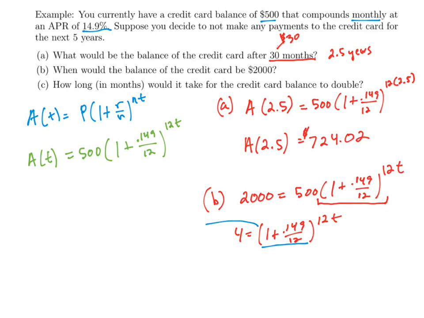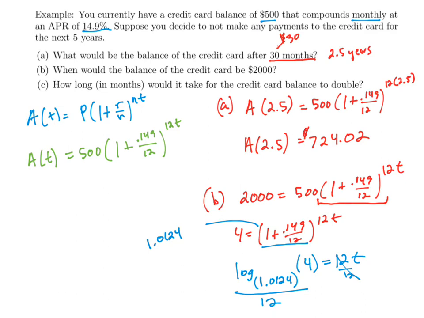That comes out to 1.0124, let's call it. So we're going to have log base 1.0124 of 4 is equal to 12t. So then divide both sides by 12. And so we're going to write all of this divided by 12.